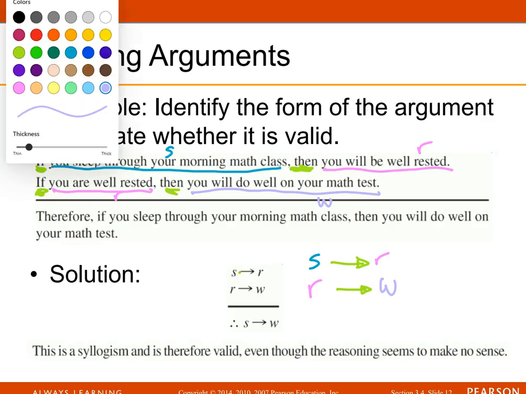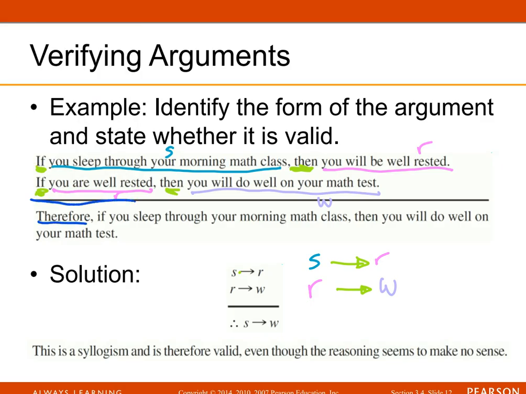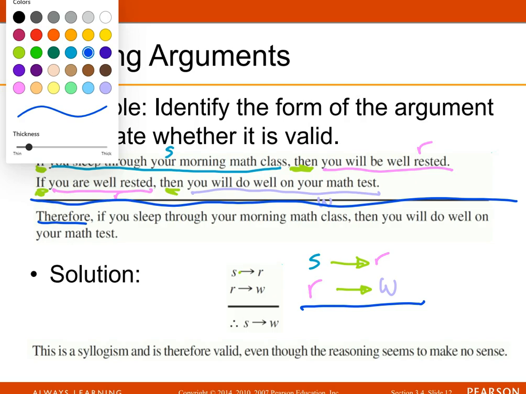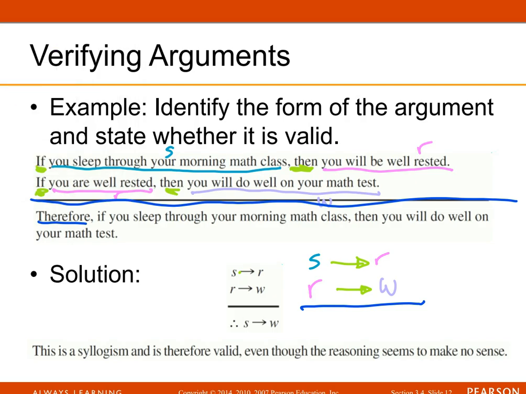And then you've got the therefore, which is really the separation here on this line. And then it says, get the right colors again. Oh, I think it was this one. Then you've got another if then: if you sleep through your morning class, then, oy vey, that's another if then.